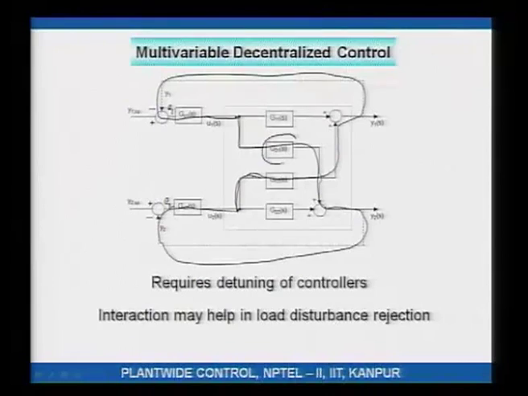What you see here, drawn lousily with the black pen, is that if these interaction terms are non-zero, there is an additional feedback loop that gets formed because of them. Suppose these interaction terms were not there, if G21 or G12 or both are equal to 0, then you will see that this loop gets broken.